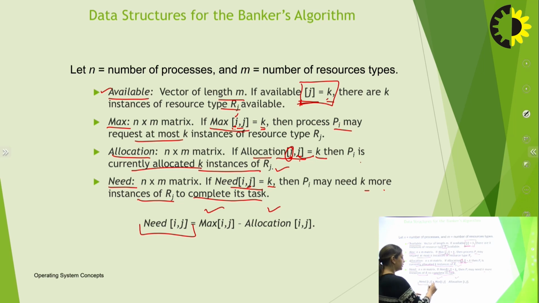Maximum is the demand which the process declares while entering, that it will take at most this number of resources. Allocation means how many resources are allocated at that particular time. When we subtract this, we get the need, meaning the number of resources that can be required in the future.